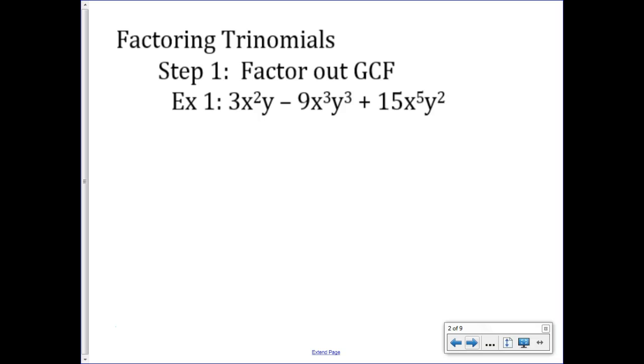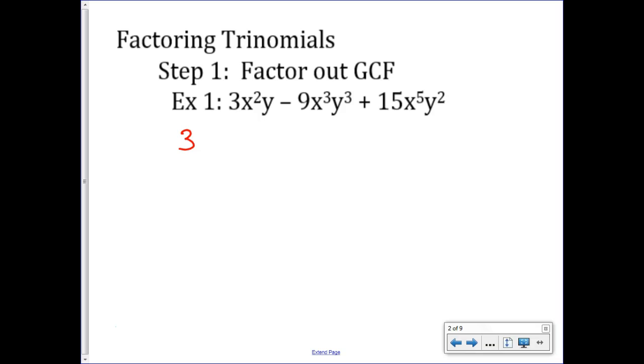Or a GCF. So we want to look at example 1 and see what these three terms all have in common. If I look at just the numbers, the coefficients in front of the variables, a 3, a 9, and a 15, I can take out a 3. All of them will divide by 3, so 3 is the largest factor I can take out.